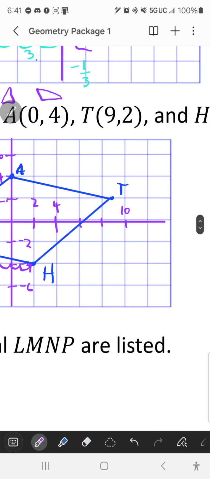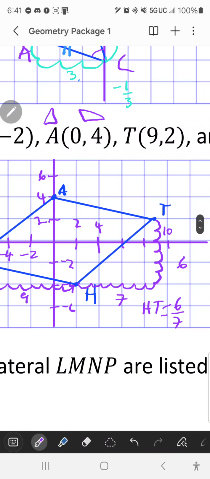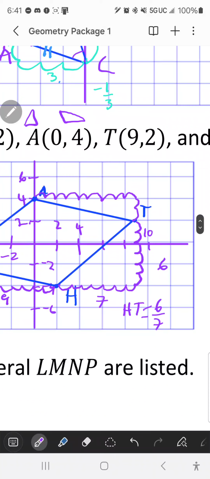Now HT will be 1, 2, 3, 4, 5, 6 and 1, 2, 3, 4, 5, 6, 7. So it will be 6 over 7, going up, rise over run. Now AT will be 1, 2, 3, 4, 5, 6, 7, 8, 9, and 2 going down.